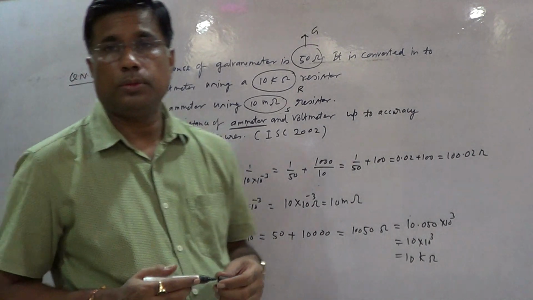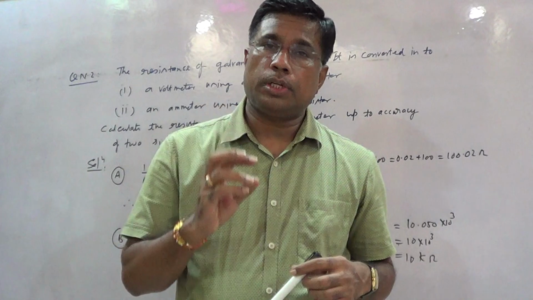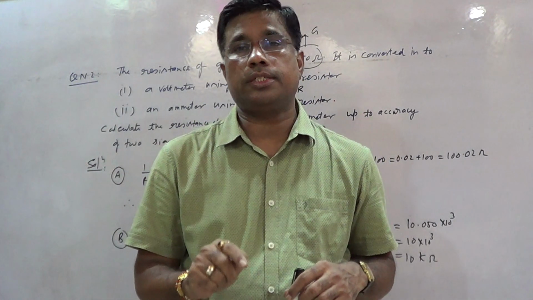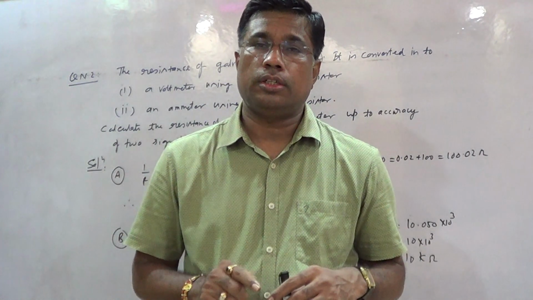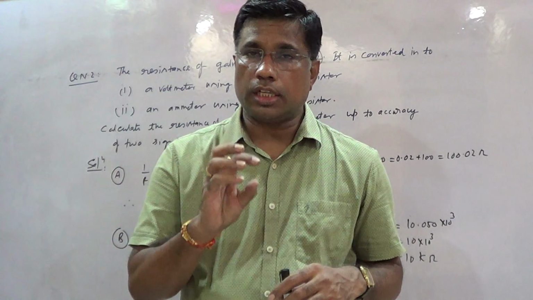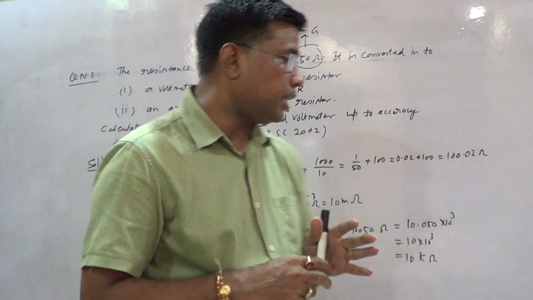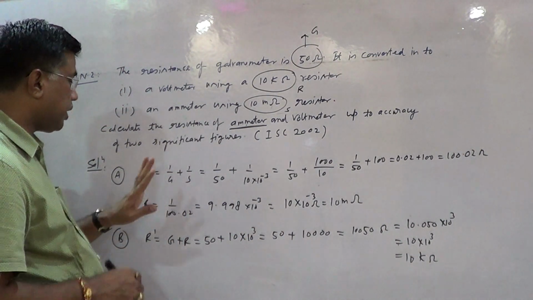Student, I taught you that in an ammeter there are two resistances, galvanometer resistance capital G and shunt resistance S. They are connected in parallel to each other. So the total resistance, that is the equivalent resistance of this ammeter, will be 1 by R equal to 1 by G plus 1 by S, because they are connected in parallel.